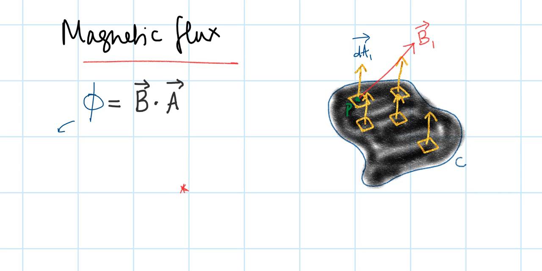Elemental area means an infinitesimally small area. So the area vector dA1 and the magnetic field B1 in that tiny area are offset by some angle, say theta1, for the convenience of mathematical manipulations.